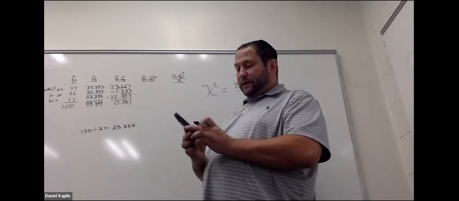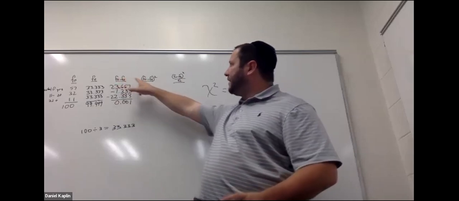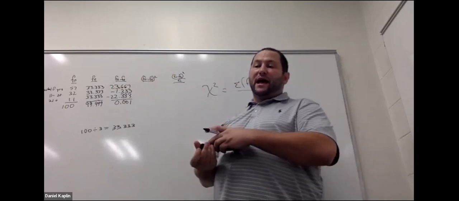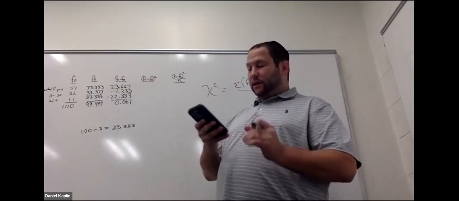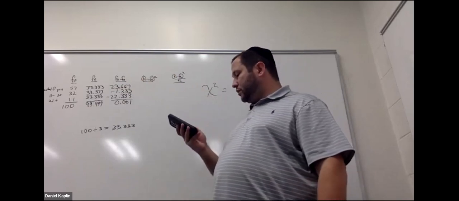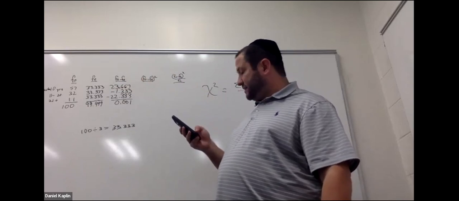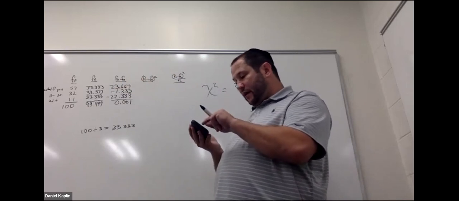So the next thing I'm going to do is I'm going to square these values. So you see FO minus FE, I'm squaring it. And I said earlier that we square a value to remove the negative number. So I'm going to do 23.667, and I'm going to square that value.